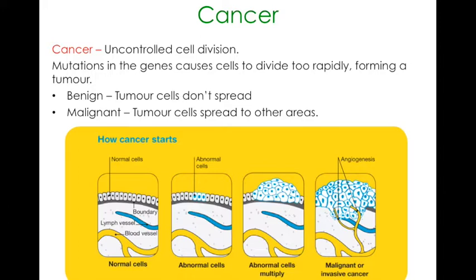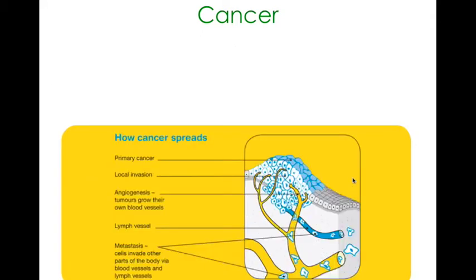Okay, and so this is that kind of cancer stage that individuals enter into when a malignant tumor forms. Okay, and so that spread will happen through the lymph vessels or through the blood vessels.